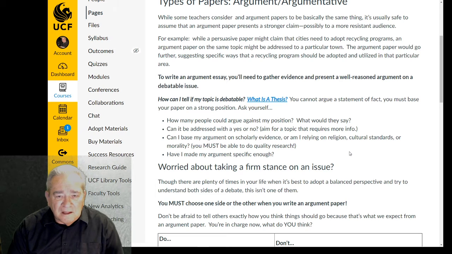So to be a good argument essay, you have to have people that are against your position. So you have to put yourself in their position, and you have to ask yourself, what would they say? What do people say about climate change?